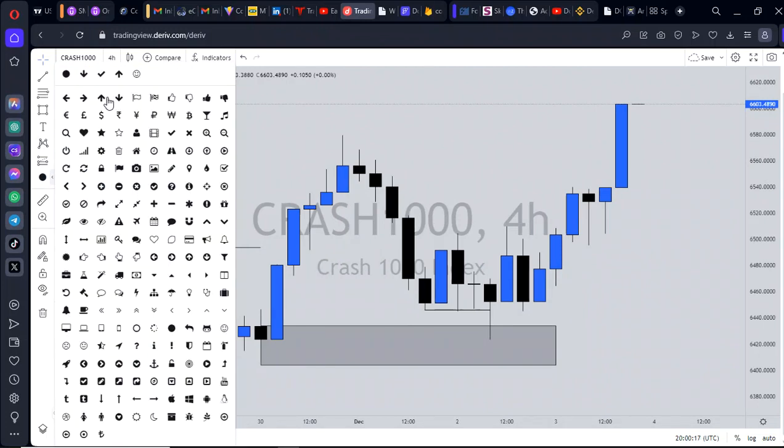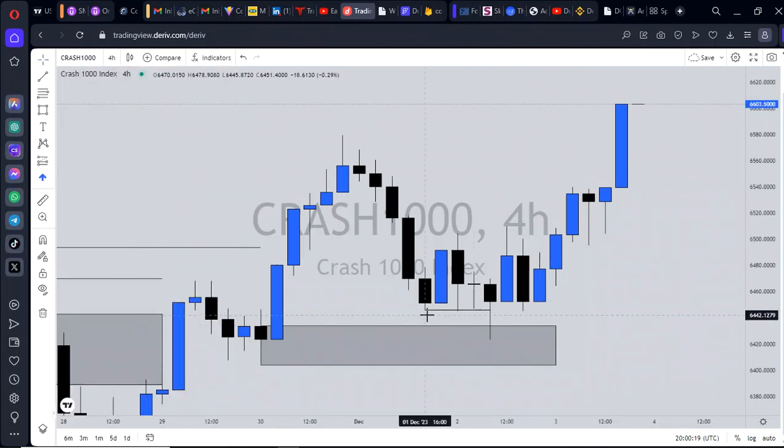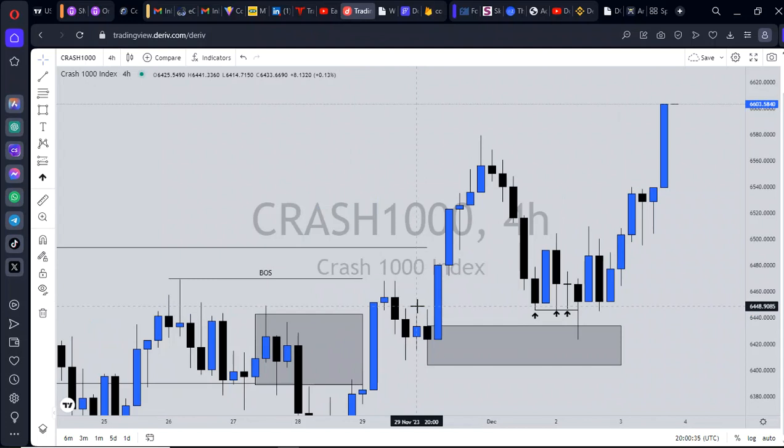So they are like, let's start buying, right? So now the algorithm has to print liquidity if it wants to buy at an area of order block. That is why I always teach that if you want to buy from an area of demand, there should be someone who is willing to sell, right?